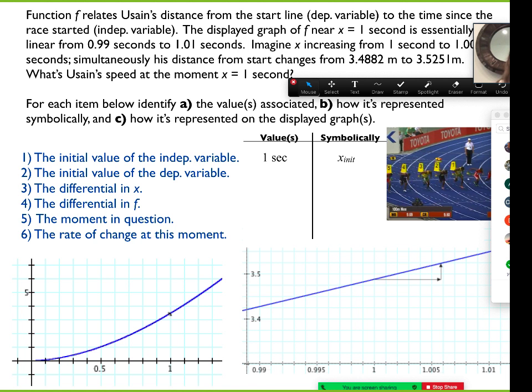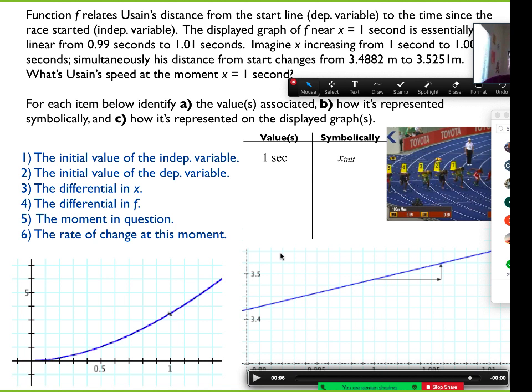So Sarah. Sarah, are you there? Yeah, I am. With the initial value of the dependent variable, isn't that the 3.4882? That's right.